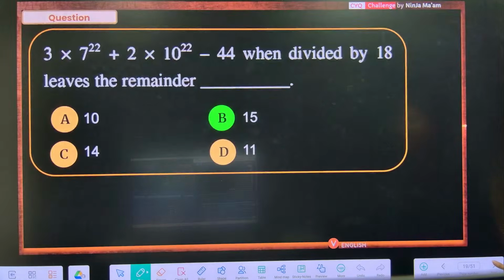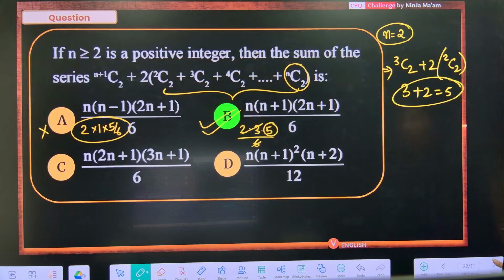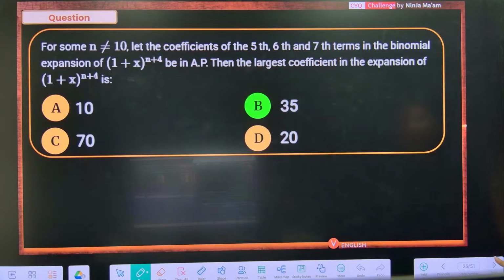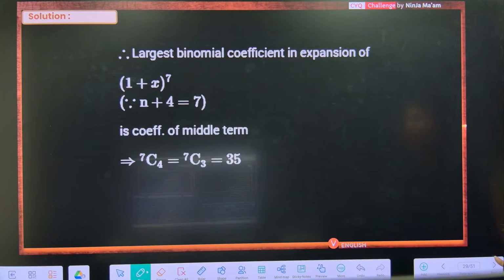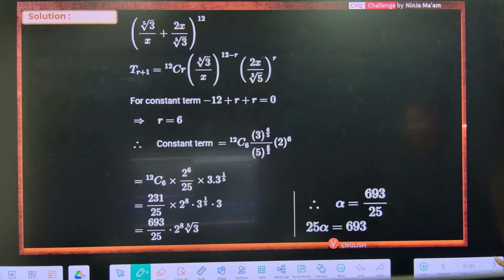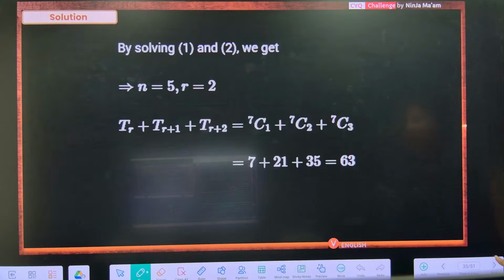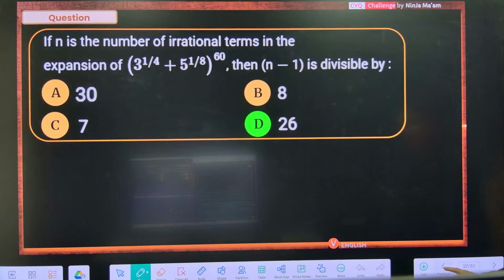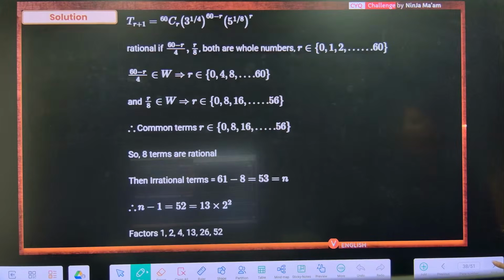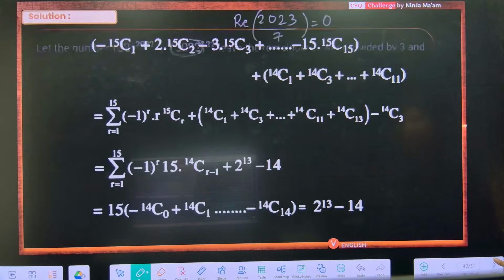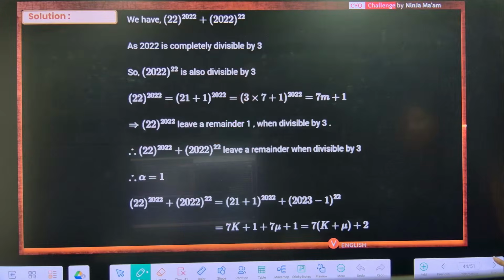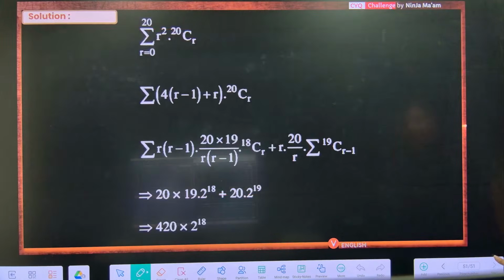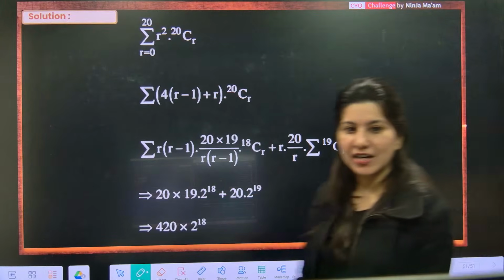Then we did this remainder problem, and then property of summation, property of binomial theorem along with the ninja technique. Then we saw these types of problems. Then term independent of x again, ratio of coefficients again, number of rational terms again, remainder problem one more time. Then we did this question right now, and the last two questions. Yes, absolutely, we are done.